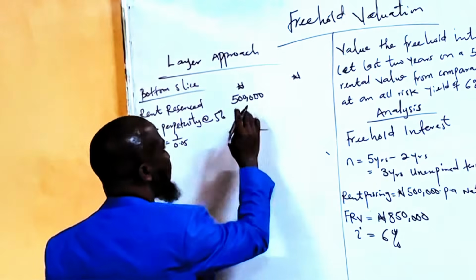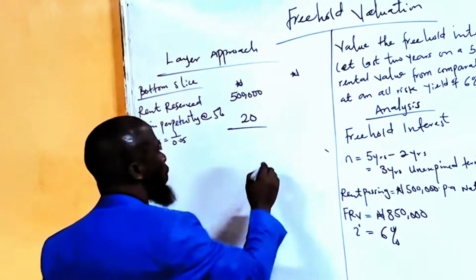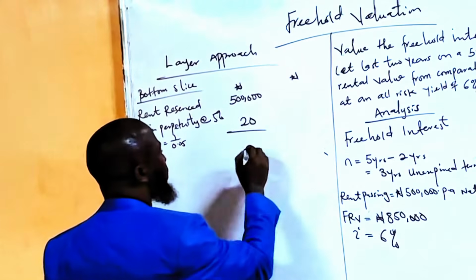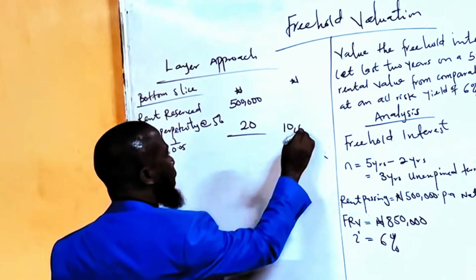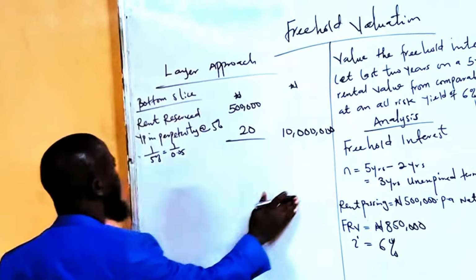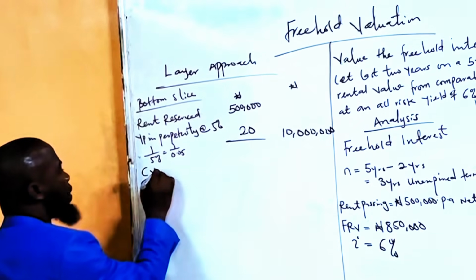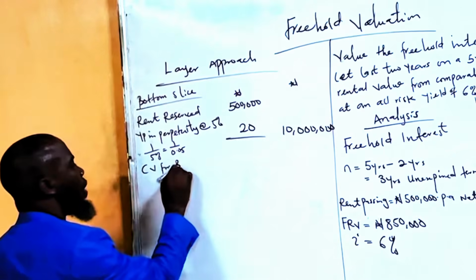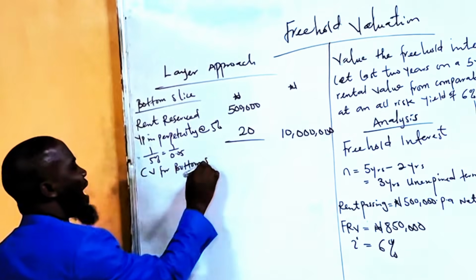So when we multiply 500,000 times 20, we should have 10 million. This is the CV for the bottom slice.